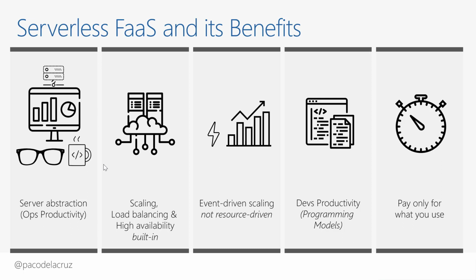You focus only on the code that provides business value, and all the plumbing to connect to queues, blob storage, Cosmos DB, or to receive HTTP is already implemented for you. You just need to implement the bindings or the programming models. And also, you only pay for what you use. If your function is idle, you don't need to pay for that time.